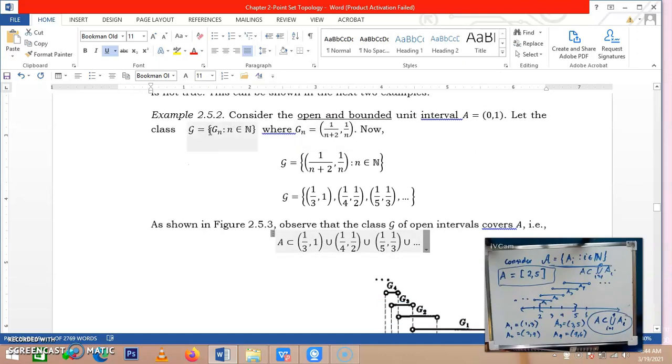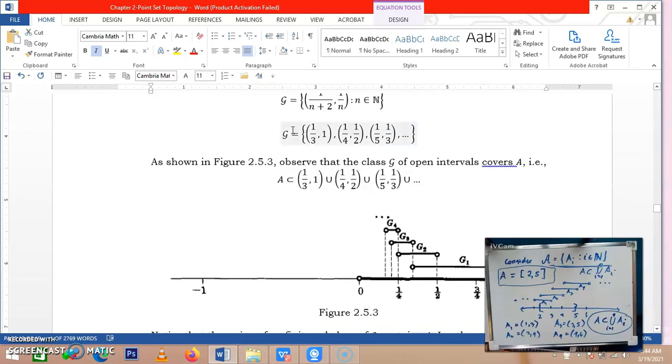So let us consider our class of sets here. We have here script G, which is the set that contains the sets G sub n, where this is defined as our G sub n. So we have here 1 over n plus 2 up to 1 over n. So this is G1, this is G2, G3, and so on.